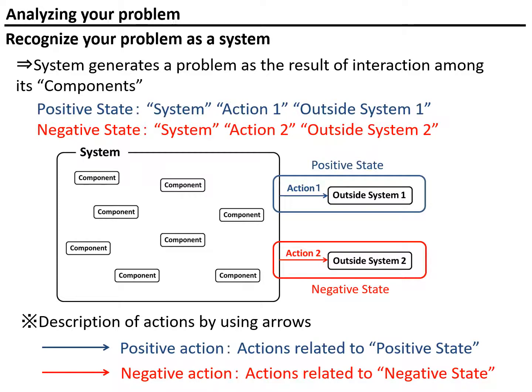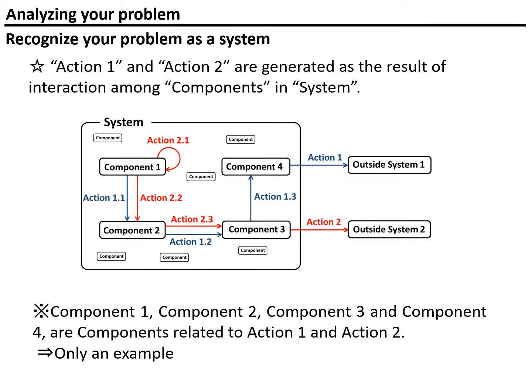From this slide, I'm going to use arrows to describe the interactions among components. Blue arrow means positive actions, which are actions related to positive state. And red arrow means negative actions related to negative state. Both positive state and negative state are generated as a result of interactions of components in the system. As I mentioned, action 1 and action 2 are generated as a result of interaction among components in the system.